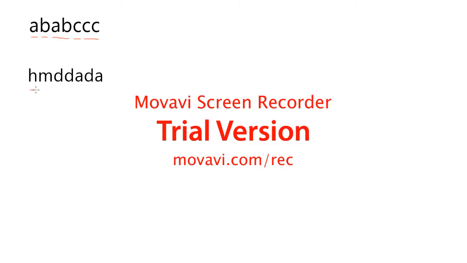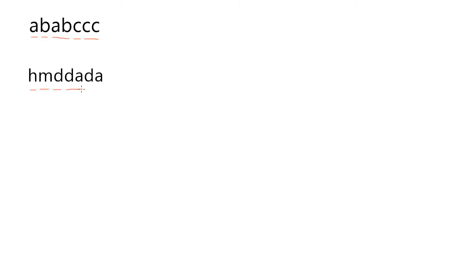So let's do this algorithm. H is unique, M is unique, D is unique, D again is not unique, so we extend. DA is unique, so D is not unique.